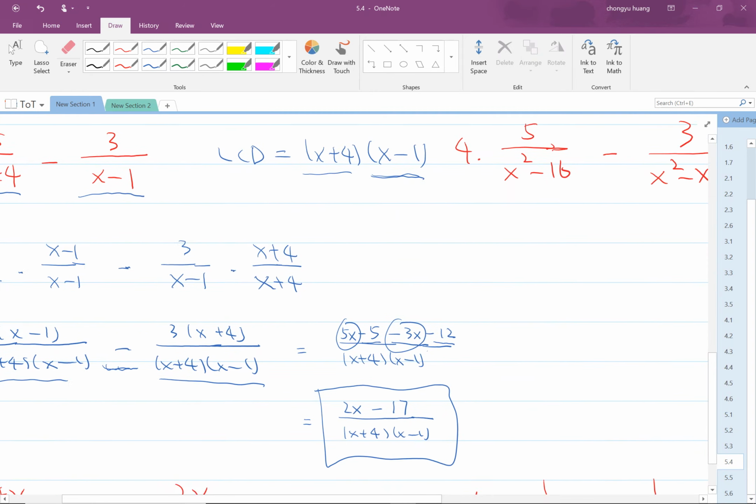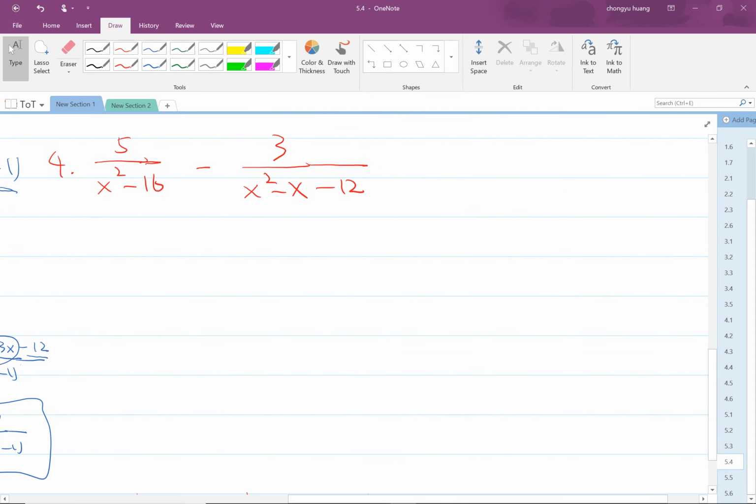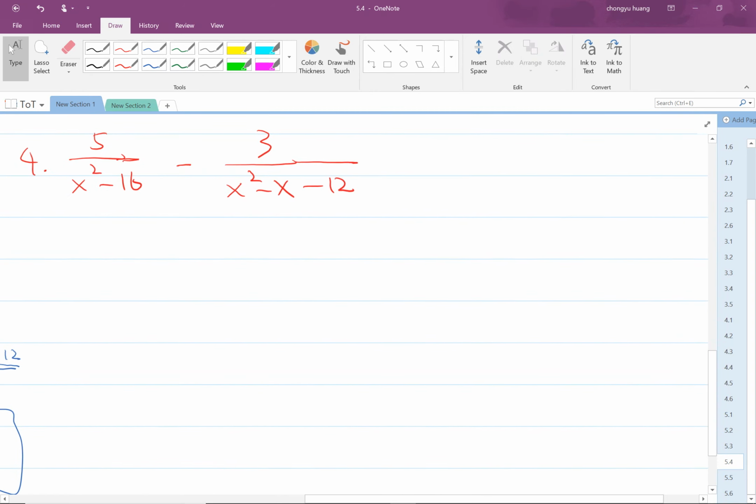Okay, so let's move into question 4. As the questions go further, they're getting a little more complex, right? But you're already getting a better understanding of how to solve those denominators which are not the same.